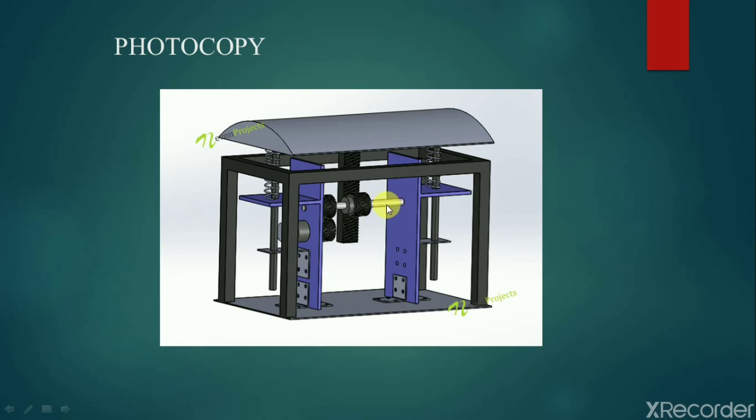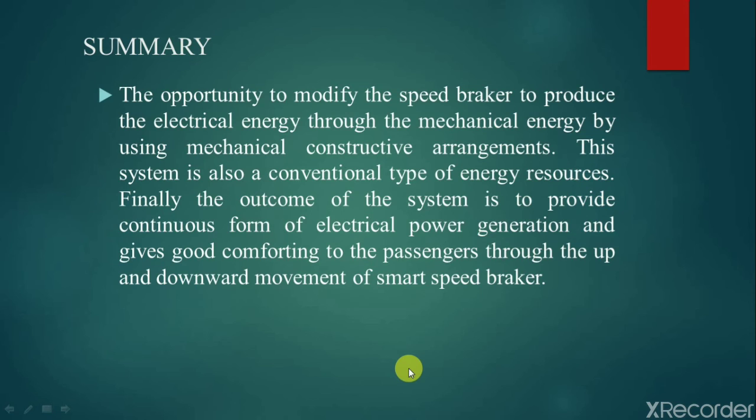The idle gear is also placed on the same shaft. When the rack moves downward, the pinion rotates. Due to pinion rotation, the idle gear also rotates, and the idle gear transmits the pinion power to the generator gear. Then the generator produces electrical energy by converting the mechanical energy. This is the concept behind this arrangement.